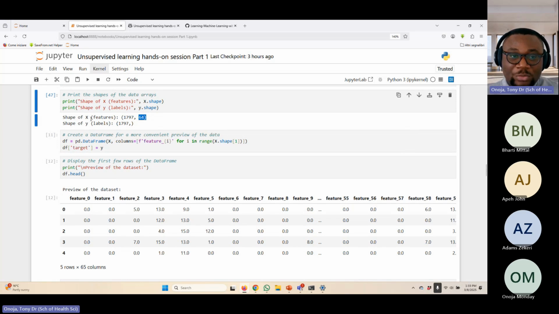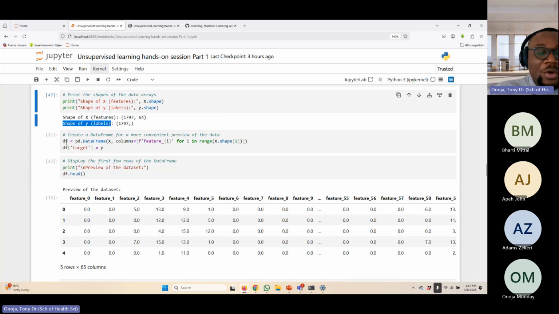This is the shape, and usually we capture X and Y. The X are the features and the Y is the label. Sorry, this is rows, not features. So this is the rows, these are the features, and this would capture the label variable, that's the Y.